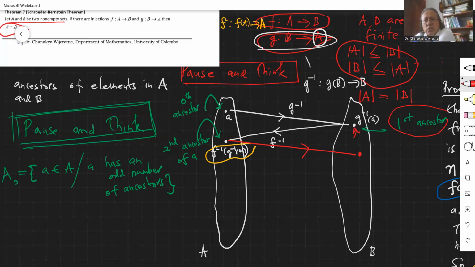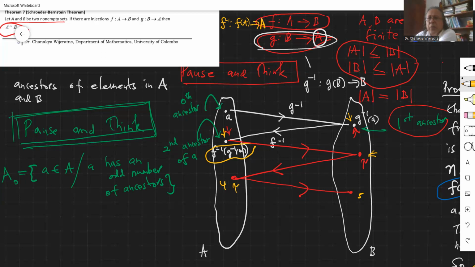Or you could have 5 ancestors: 1, 2, 3, 4, 5, go back to A and come back.